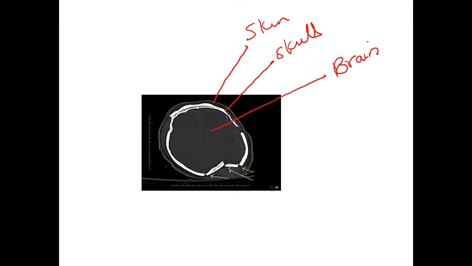And you can see there are multiple skull fractures and depressed skull fractures. So it's even showing you the X-ray of the skull. Usually in a CT scan, you will see the scanogram that shows the initial X-ray of that skull.